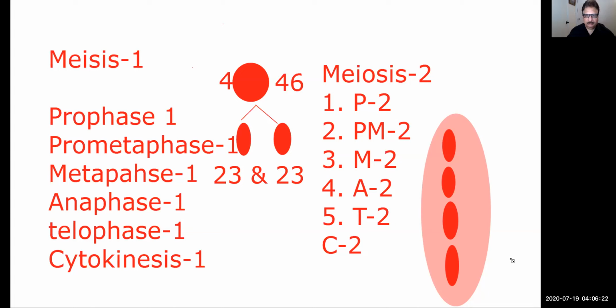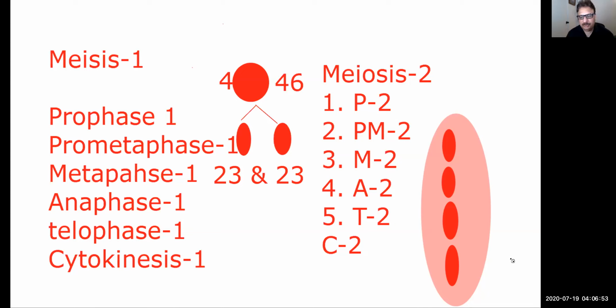Meiosis occurs in reproductive organs and gives rise to gametes. The chromosome number is reduced by half, and with meiosis 1 and meiosis 2 it's biphasic: prophase 1, prometaphase 1, metaphase 1, anaphase 1, telophase 1, cytokinesis 1, and then meiosis 2. Because of that, 4 cells are formed.